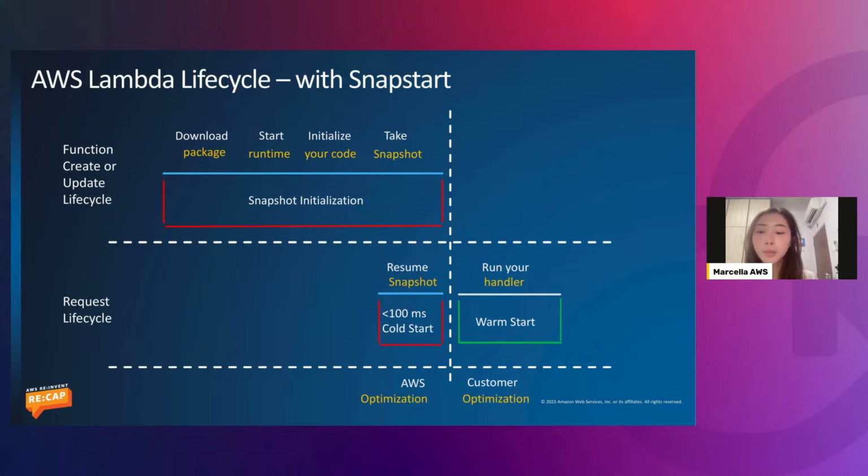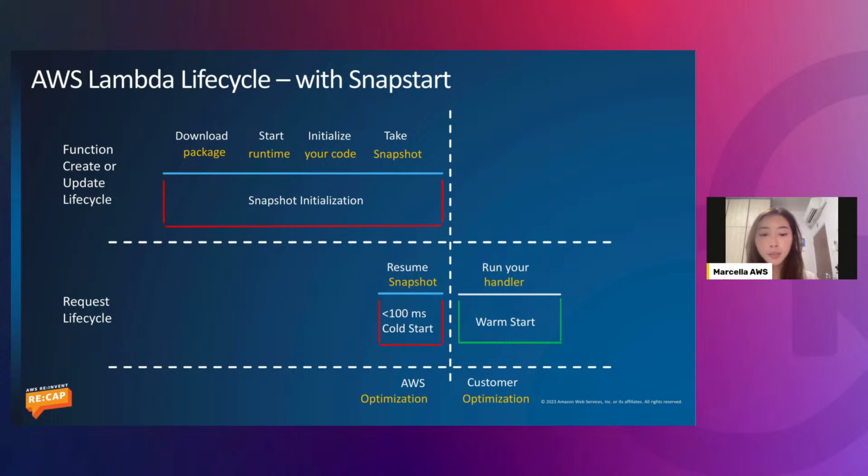These snapshots persist, so the next time an execution environment gets created, as part of scaling concurrency, it is created using the snapshot that was created previously. This greatly reduces the time that your Lambda function needs to initialize, which is very helpful when you need to scale your workloads immediately.